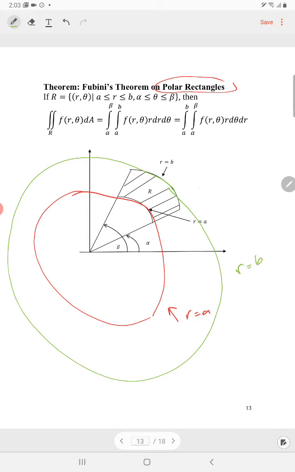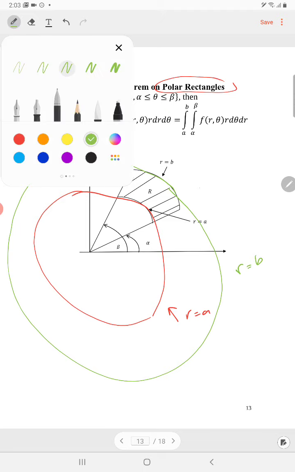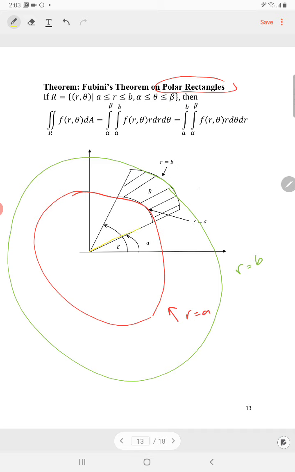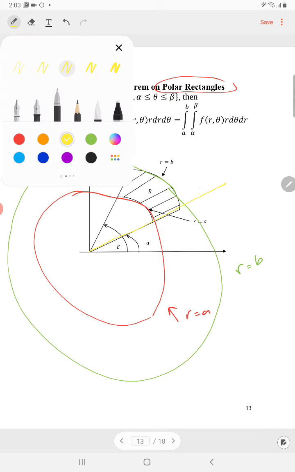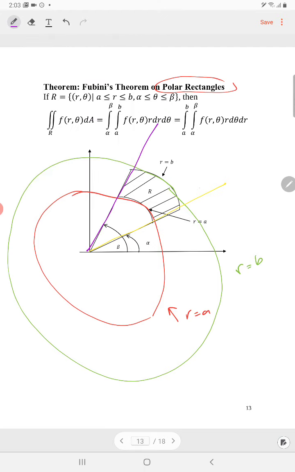And then we have theta equals alpha. And then we have theta equals beta. So from those four equations, we end up with this region, which is called a polar rectangle.